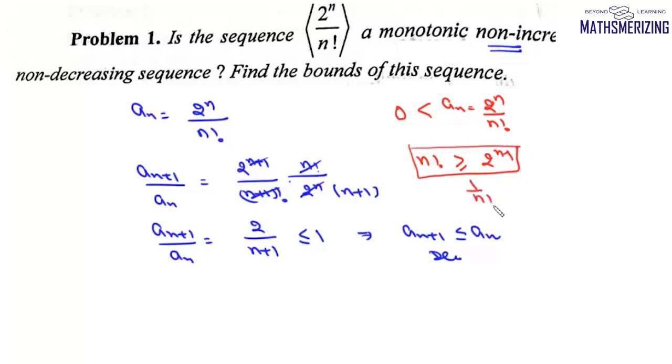So 1 upon factorial n will be less than or equal to 1 upon 2^(n-1). So we can write a_n will be less than or equal to 2^n upon 2^(n-1). That is, the sequence is always less than or equal to 2. So from here we can say the sequence is a bounded sequence.